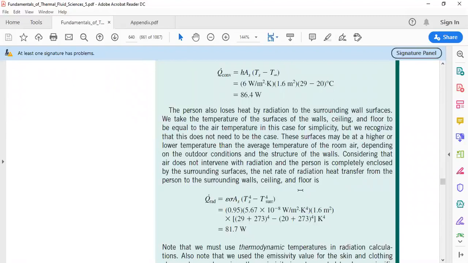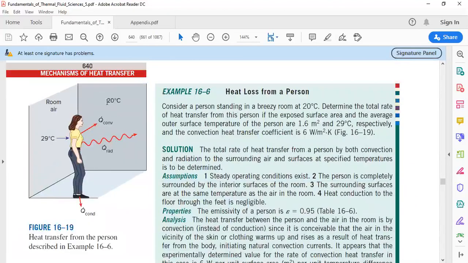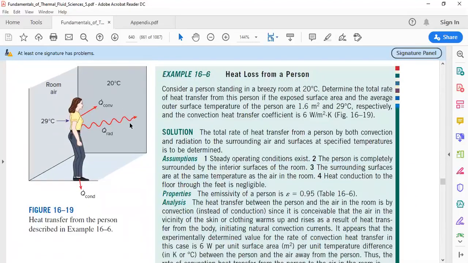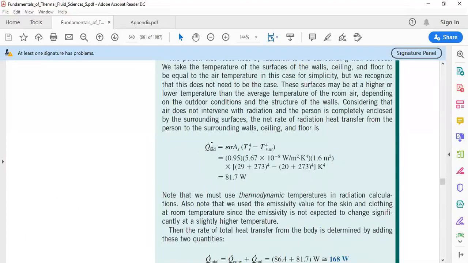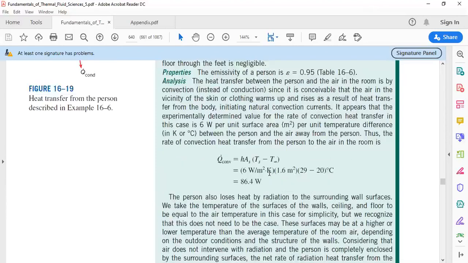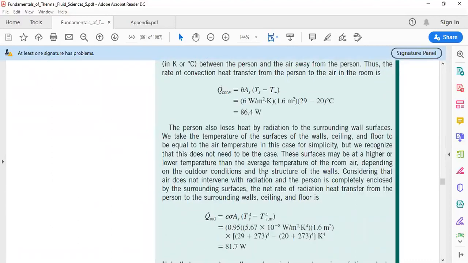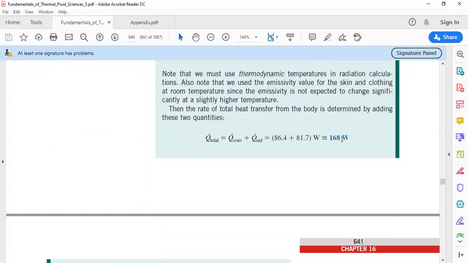For radiation, it's here assumed that the surrounding is also at 20 Celsius degrees, the same as the room air temperature. So we calculate the net radiation heat rate from the outer surface of the person's body. It's found to be 81.7 watts. The total is the sum of these two, and that gives 168 watts.